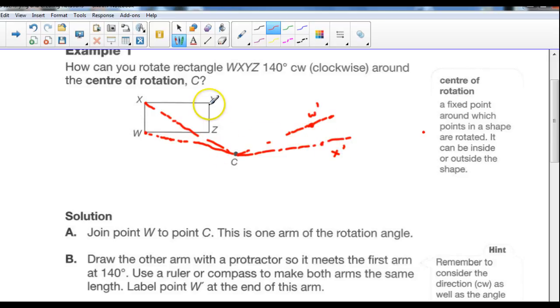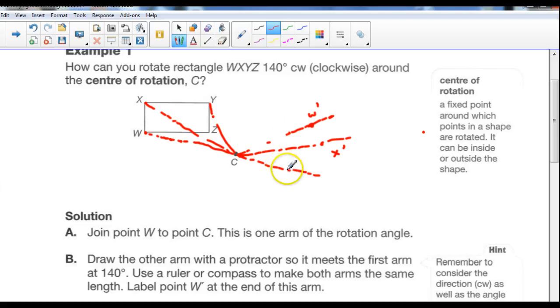Do the same thing with Y. Connect Y to C. Okay, go 140 degrees there. 140 degrees from Y. Okay, and it's going to be down here.